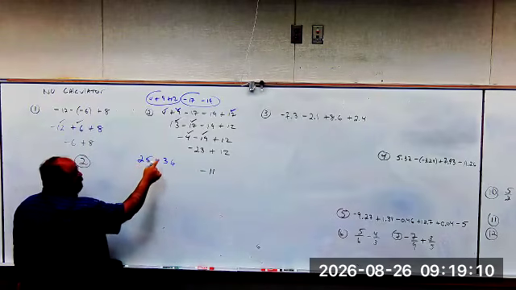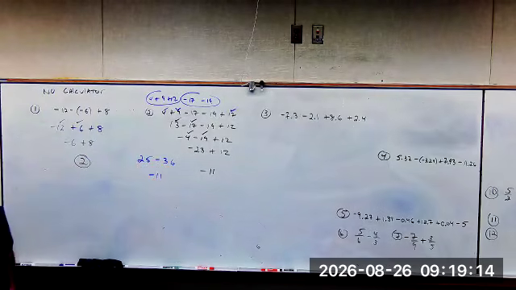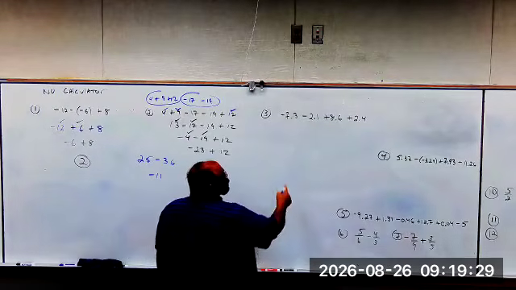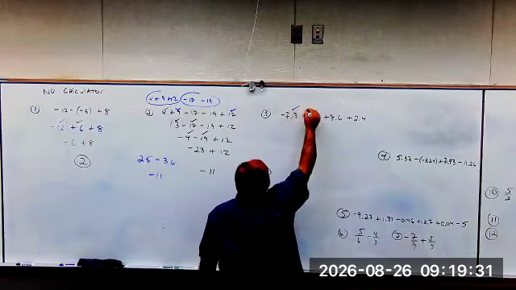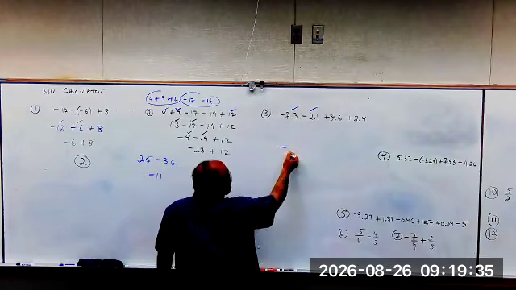So positive 25, take away 36, is negative 11. That's right. What will these first two be, positive or negative? Negative. So it'll be a negative.